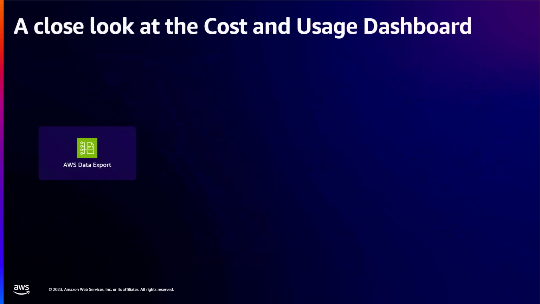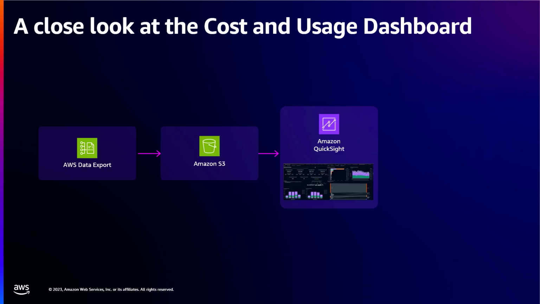Let's take a look under the hood of the Cost and Usage Dashboard. It leverages AWS Data Export and its new capability to deliver not just the raw cost and usage data to an S3 bucket, but pre-aggregated data, or the summary view, which is built with the exact schema needed for dashboard visualizations.